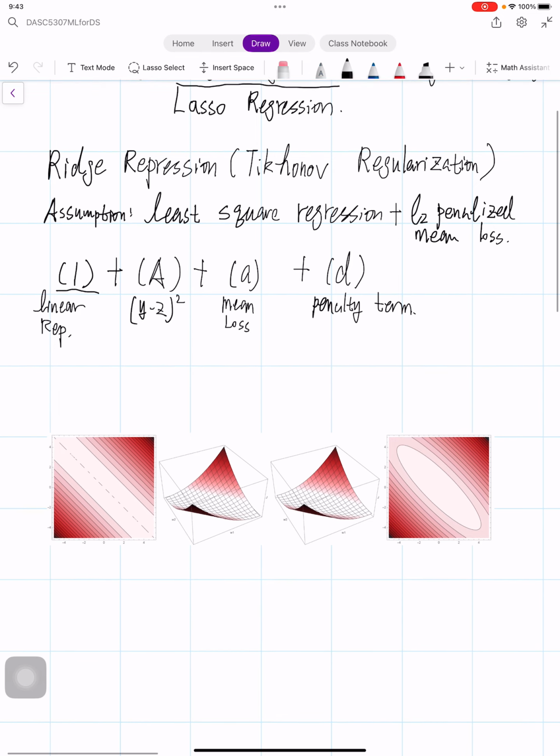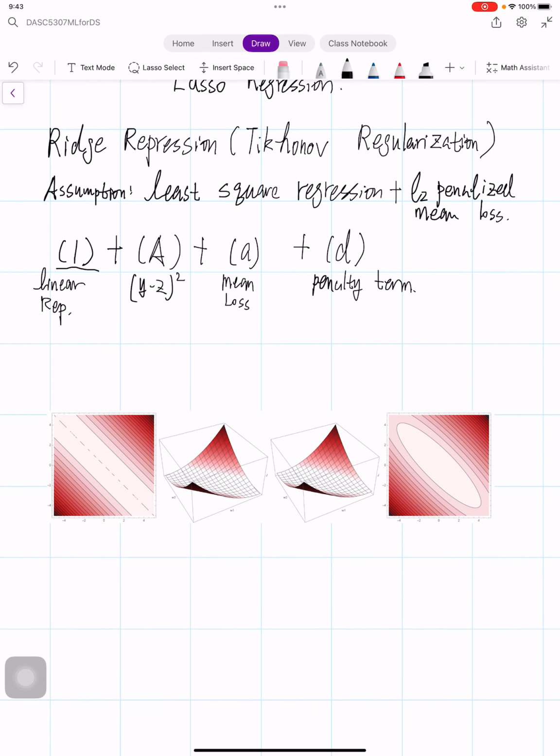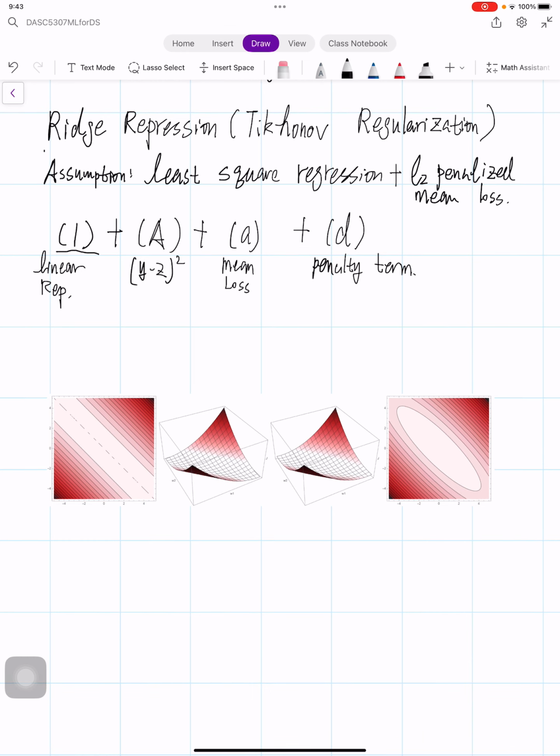So first, before we even talk about ridge regression or lasso regression, you need to understand why we even care about ridge regression. Why do we need regularizations? There are several motivations.